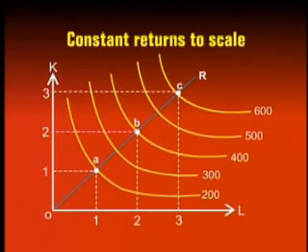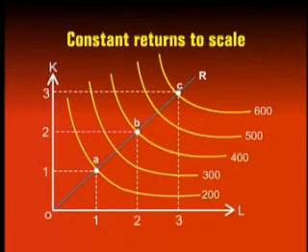As you move from A to B, both labor and capital are being increased by 100%. Labor goes up to 2, so the increase is 2 minus 1 over 1, that is 100%. And capital is also being increased by 100%, that is 2 minus 1 over 1, right? So both the inputs are being increased by 100%.